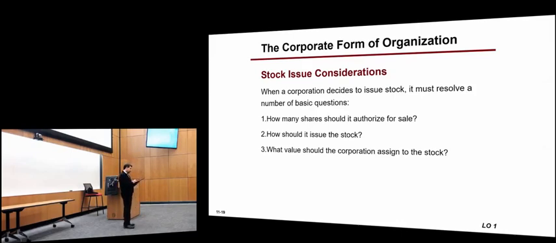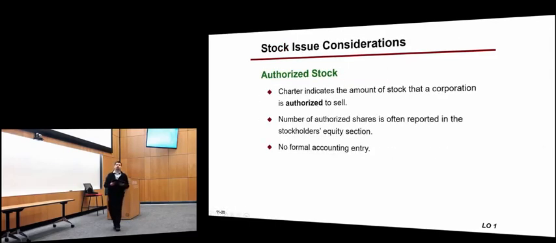Okay? And of course, what's the value of the stock, or basically what's the stock price? Now, like we said, the number of authorized stocks is set in the charter. It's usually more than the stocks that are issued. They take into consideration future needs of the company.